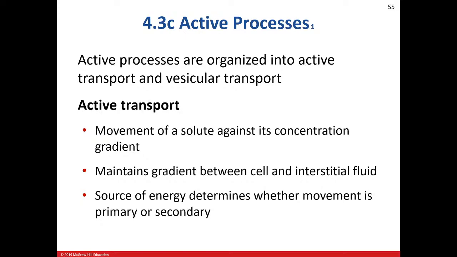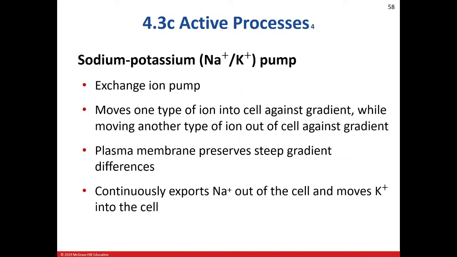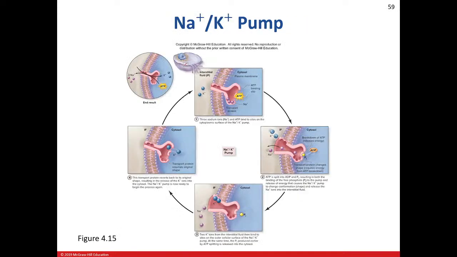All right, so we talked about the active processes. The sodium-potassium pump or sodium-potassium ATPase is an important one, and basically three sodiums bind to it on the inside. All right. And then an ATP molecule. These are the energy molecules that we use to do work in the cell.